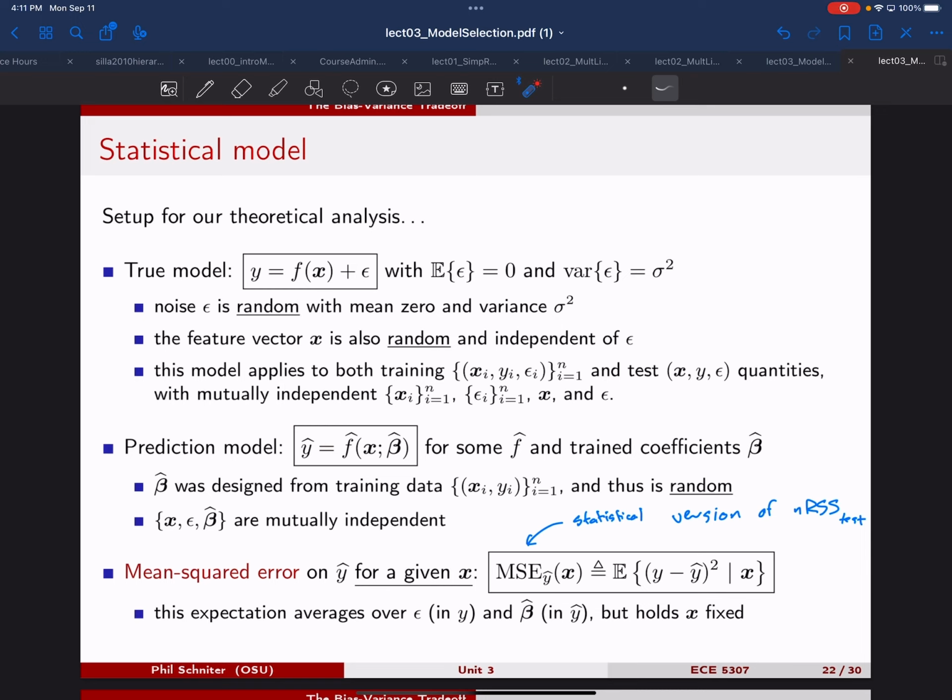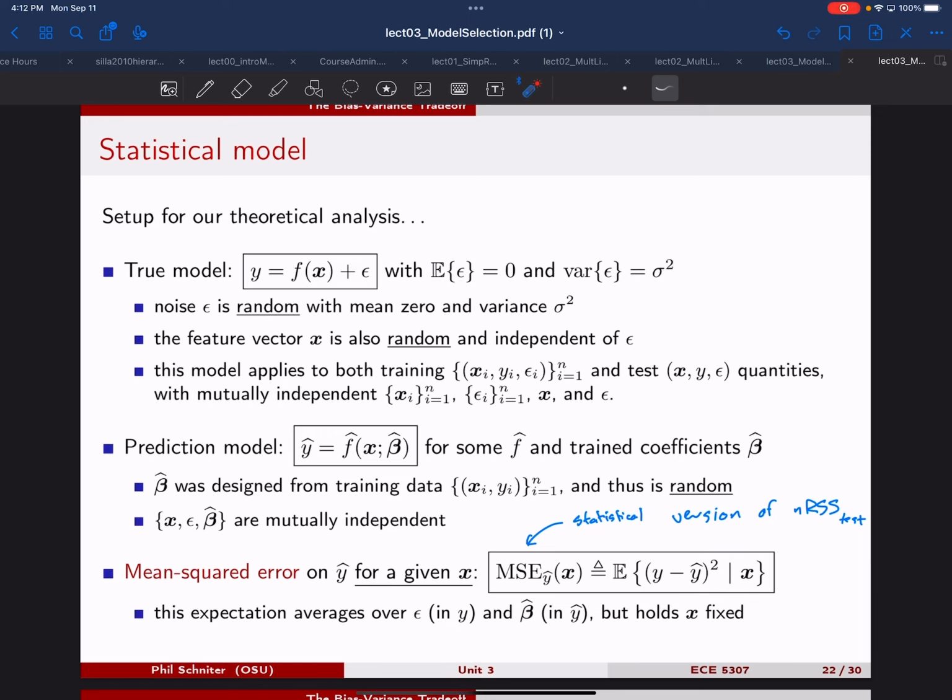The thing we want to analyze today is the mean squared error on the predicted targets for a given x. So it has this expression. Here we're looking at the difference between the true and predicted targets, squared, and we're doing a conditional expectation. This is a statistical average, but we are holding the test features constant.